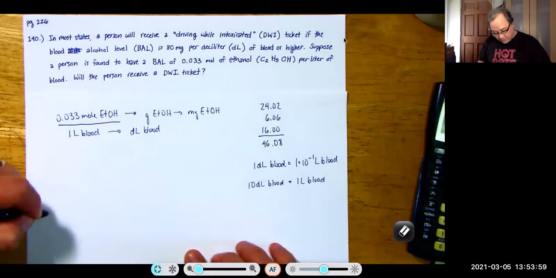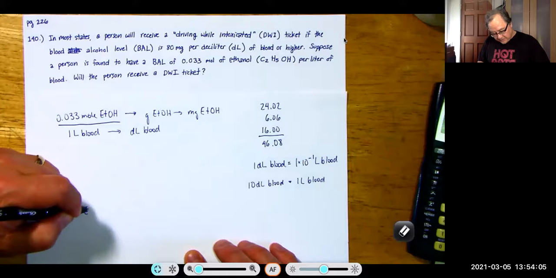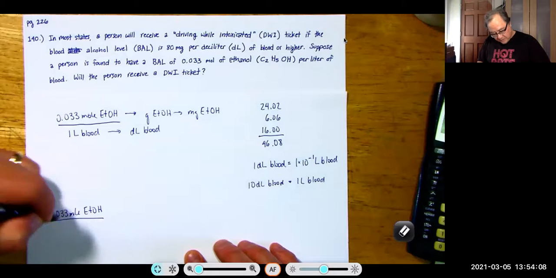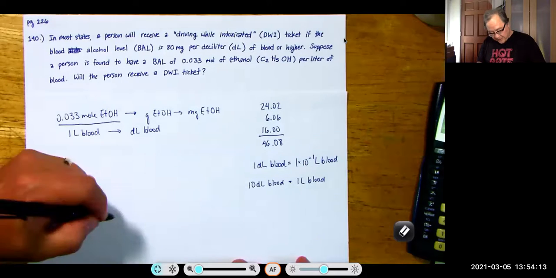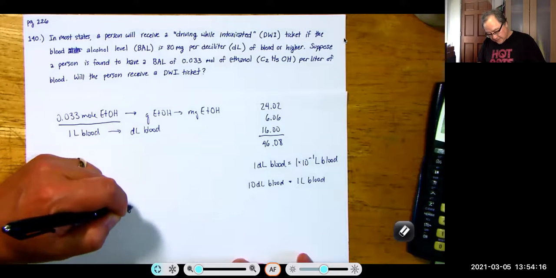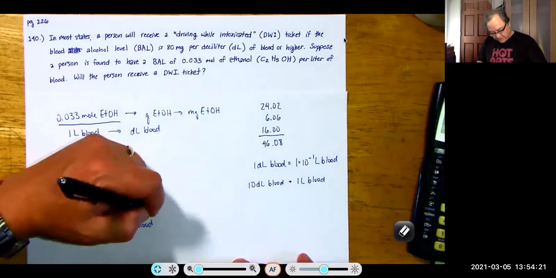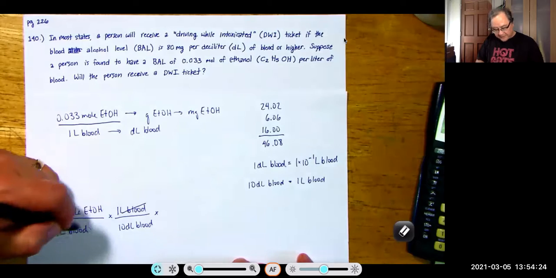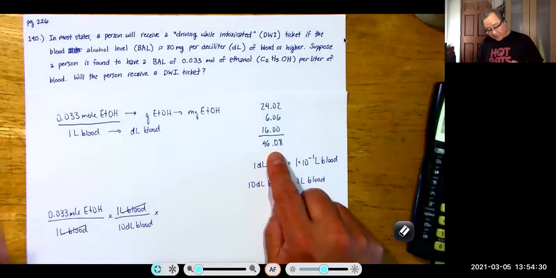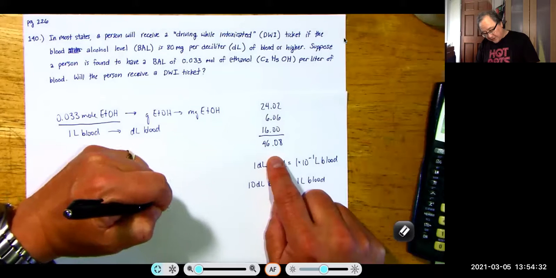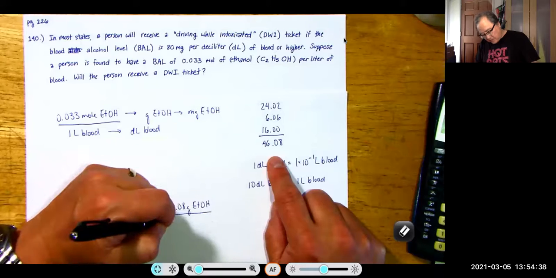So let's start off with our 0.033 mole of ethanol right here, and our 1 liter of blood right here. So I'm going to take care of the blood first and multiply by 1 liter of blood per 10 deciliters of blood. So the liters of blood cancel, and we will have deciliters of blood. For the ethanol, we know the molar mass is 46.08, so 46.08 grams of ethanol per 1 mole of ethanol.